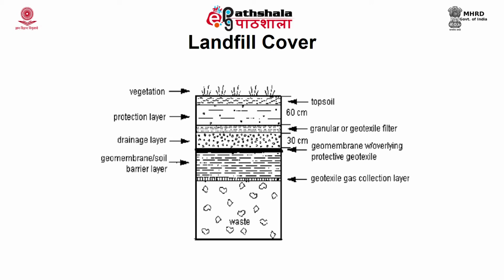Now, what exactly happens inside the waste, inside the landfill? After you deposit the waste into the landfill, what are the processes which actually take place inside the landfill is also important. In the coming slides we will discuss the different processes which are taking place inside the landfill.